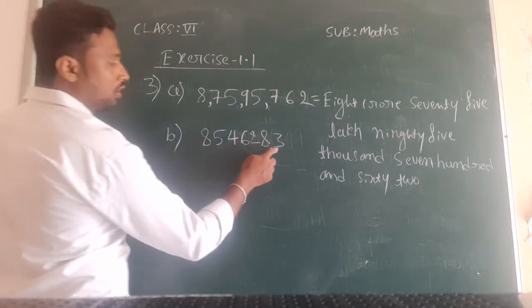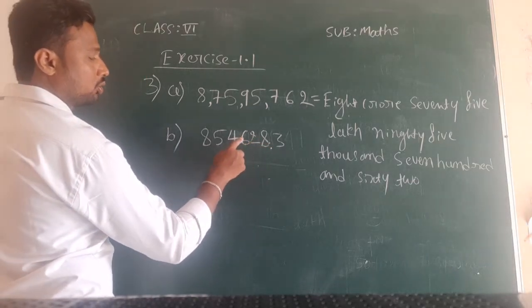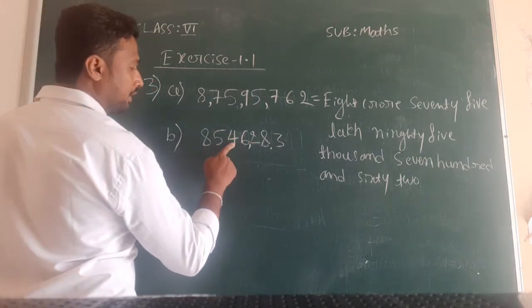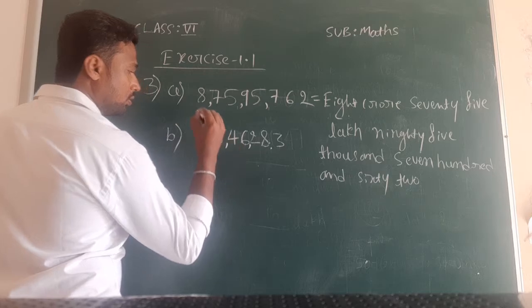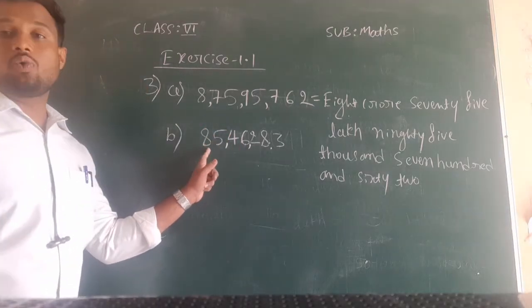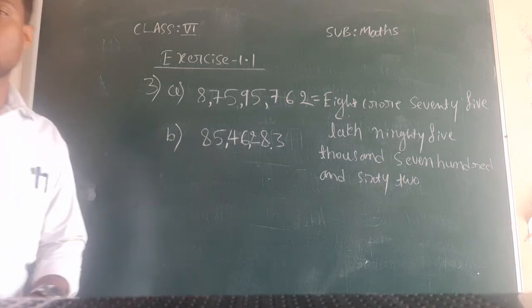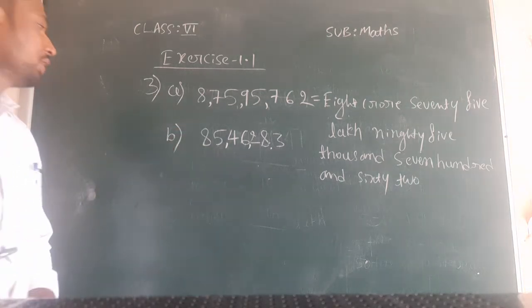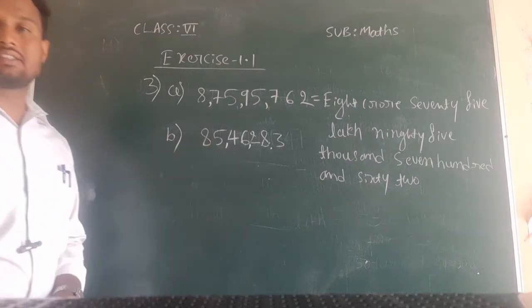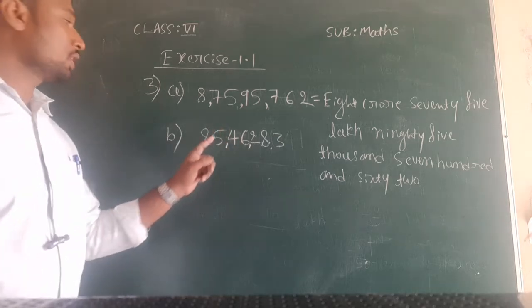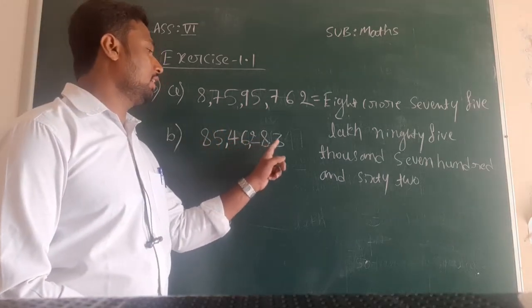Here again, after the ones position, tens position, hundreds position, we have the thousands position. We will use a comma here. 1,000, 10,000, lakh. To indicate lakh also we will use a comma. So lakh, 10 lakh. We have values up to the 10 lakhs position. There is no crore position. Okay. So how to read this: 85 lakhs, 46,283.